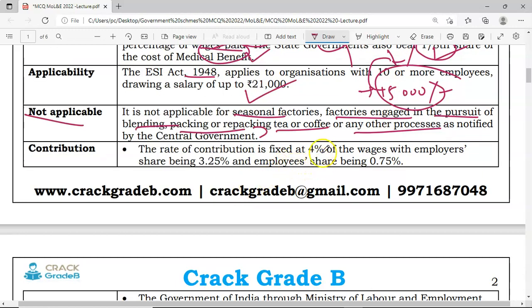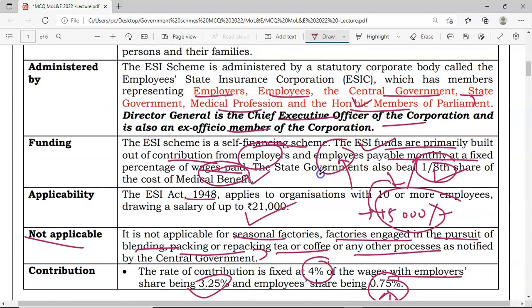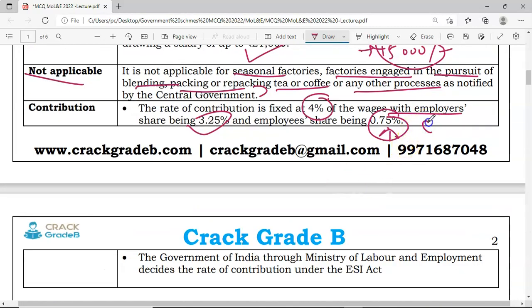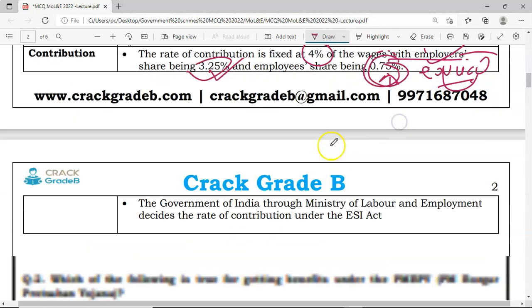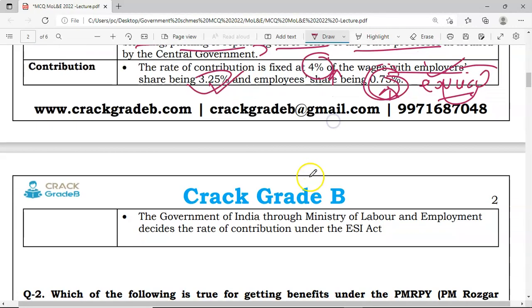Contribution: the rate of contribution is 4% of the wage, with the employer share being 3.25% and the employee share 0.75%. So it is not contributed equally by both the employer and employee. This is an important point you can note from here.